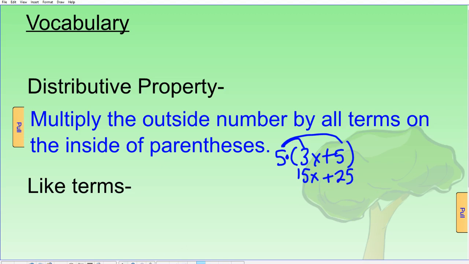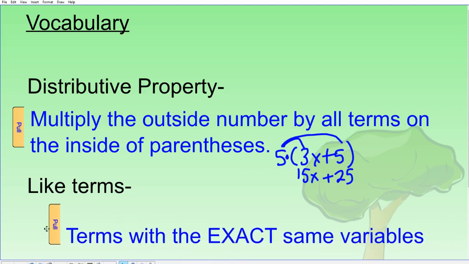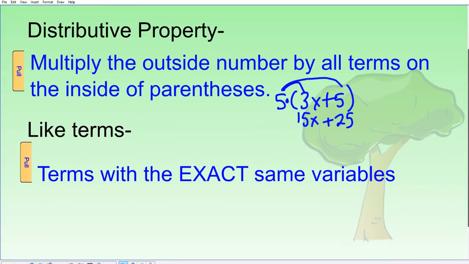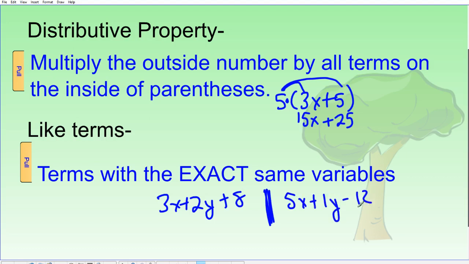Like terms are terms that have the exact same variables. It's kind of important. They have to be the exact same variables. If one has an x, the other has an x. If y, y. Or even no variable. So if I have, let's say, 3x plus 2y plus 8, and another one of 5x plus, I don't know, 1y minus 12.